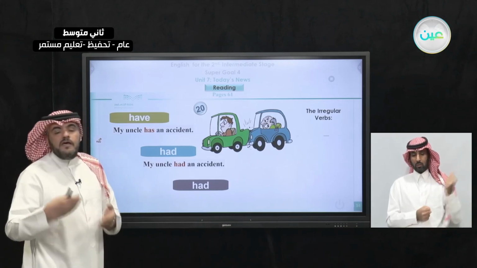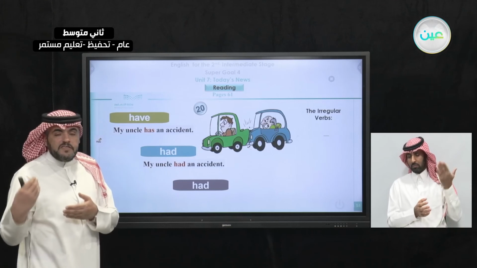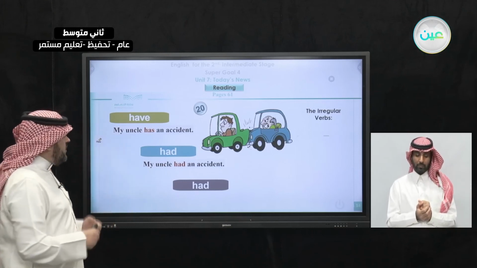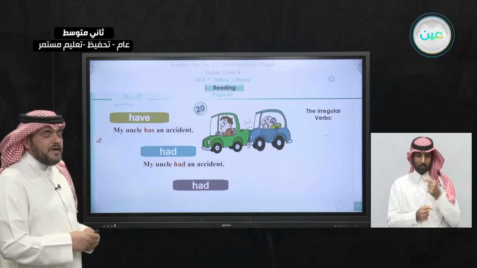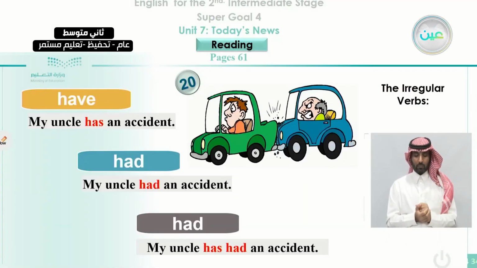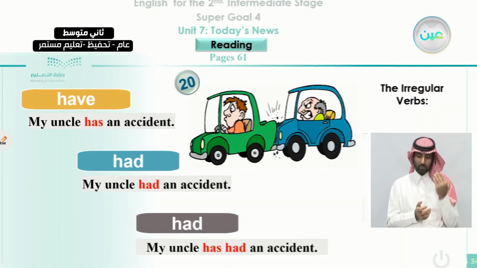Maybe yesterday, last week, last month, last year, and so on. Here, we specify the time, and so we use the verb had, the past form of the verb have or has. Okay, and the past participle, here we can use it with the present perfect. My uncle has had an accident. Here we talk about the action regardless of the time. My uncle has had an accident.